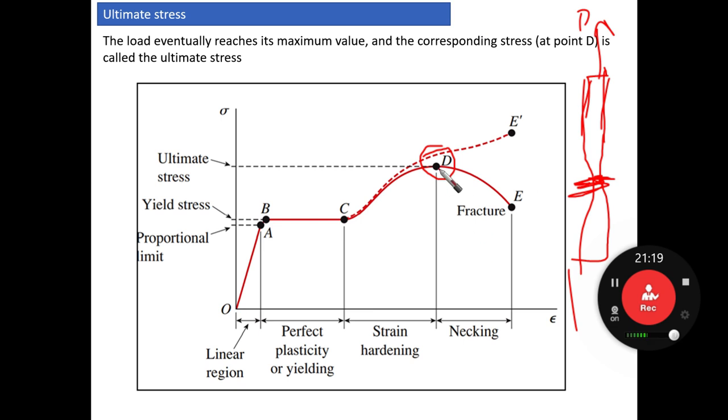So starting from here, after point D, we are going to find what we call necking. Okay, after reaching the maximum, we are going to find that the specimen is as if it's dropping the stress, because what happens in this phase is necking.